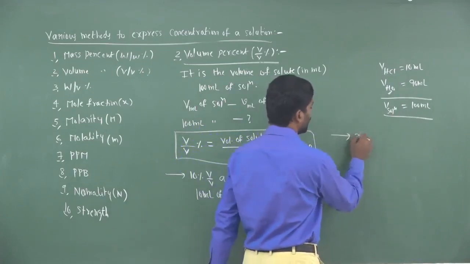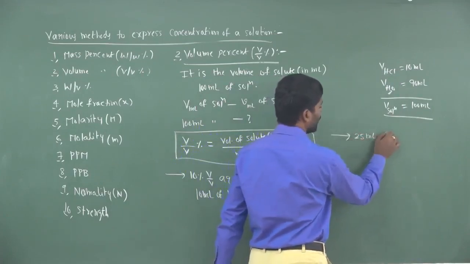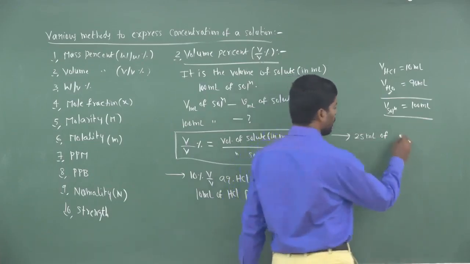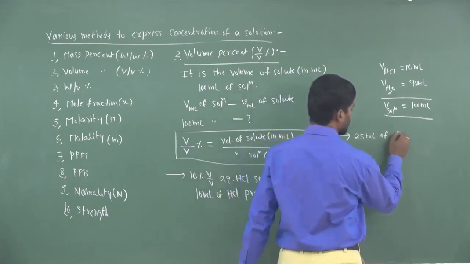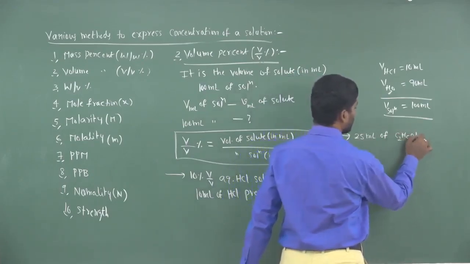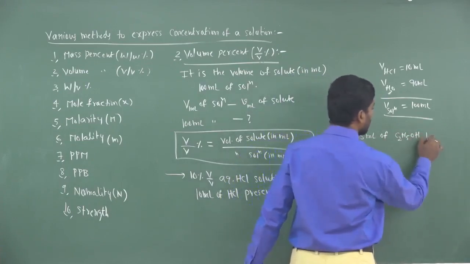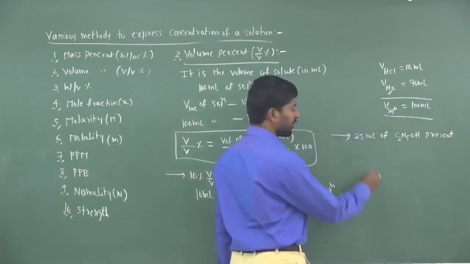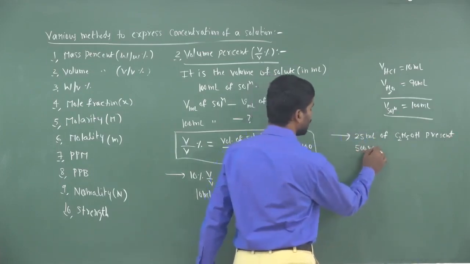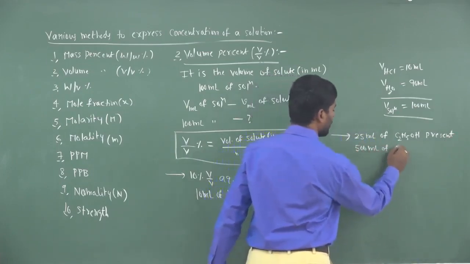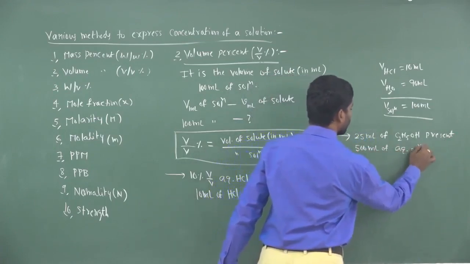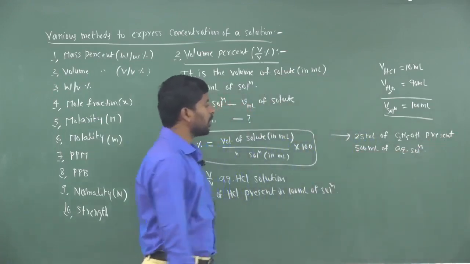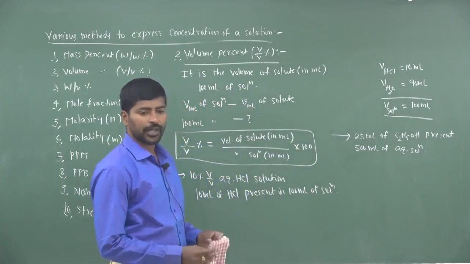For example, 25 ml of ethyl alcohol present in 500 ml of aqueous solution.